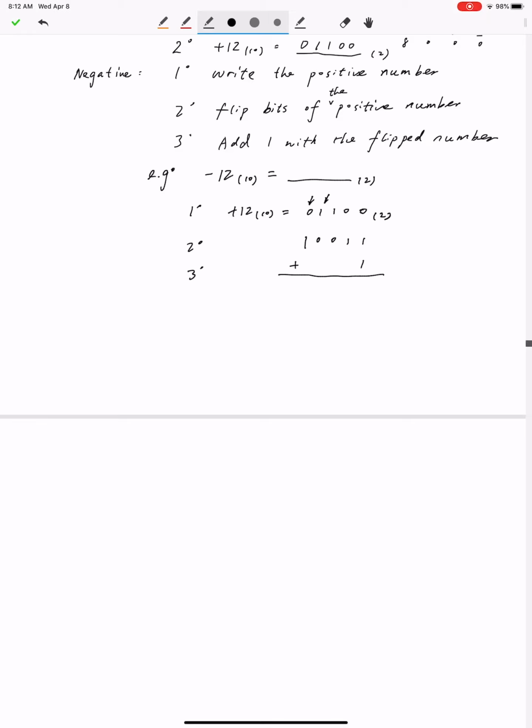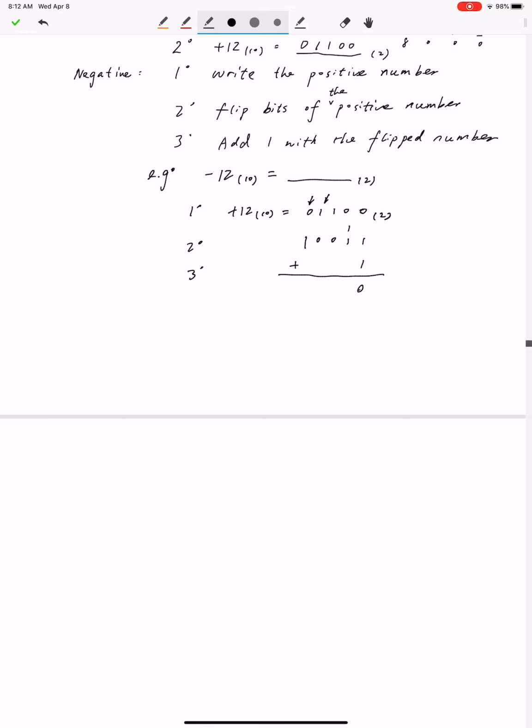We need 1 0, right? The same idea for the binary number summation. If we have 1 plus 1, the result would be 1 0 instead of 2. Okay, so here we have 1 plus 1, we have 1 0, which means we have an increment for the previous bit. We write the increment on the top of the previous bit.